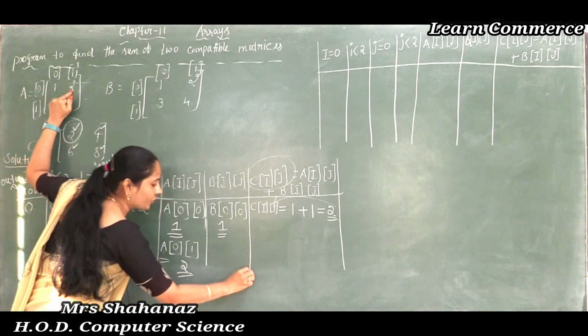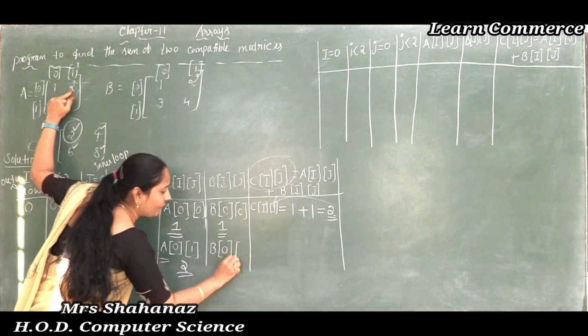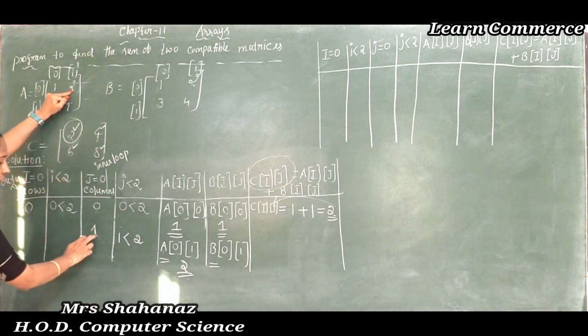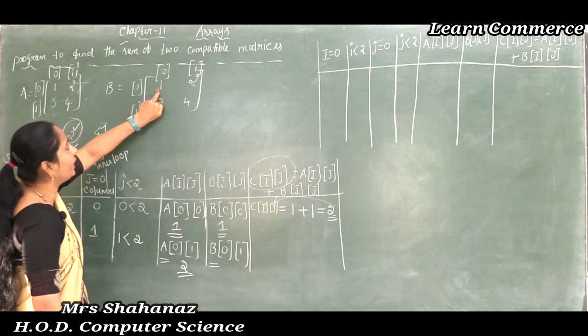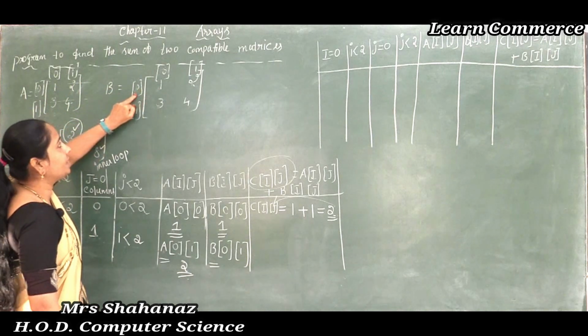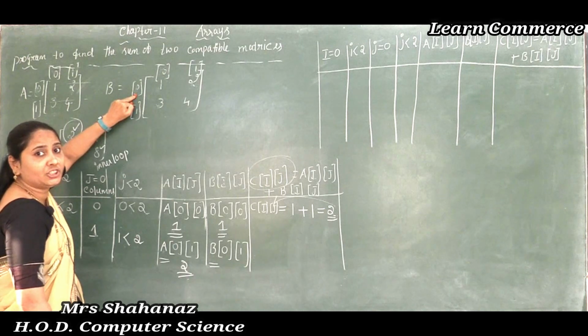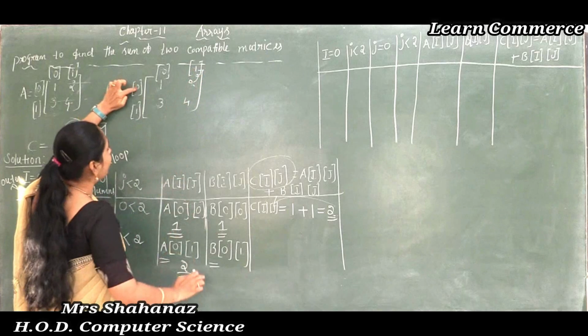Now let's talk about B, okay? Here the i value is 0 only, but the j value has incremented to 1, correct? The 1 value is going to increment. Now just come to the matrix B and check what value we get at i j, that is 0 1, row 0, column 1.